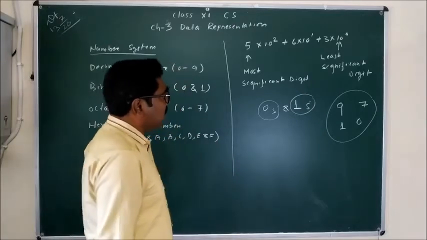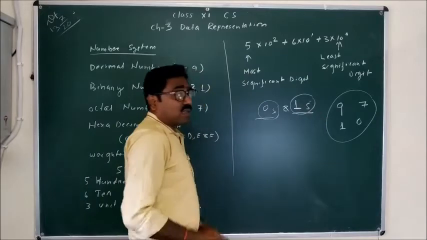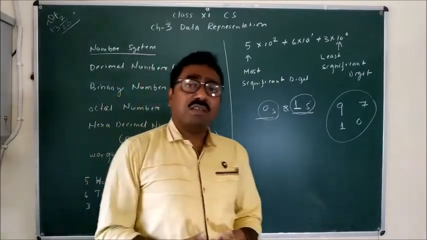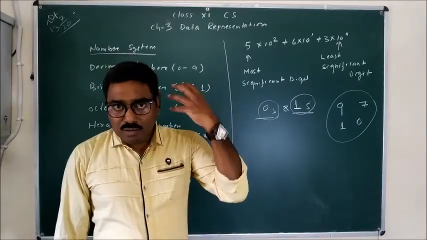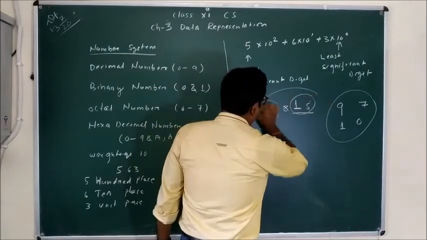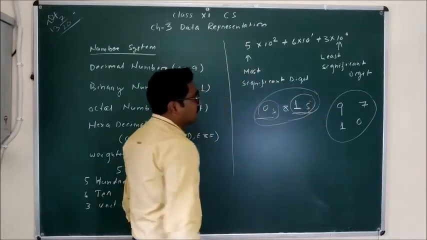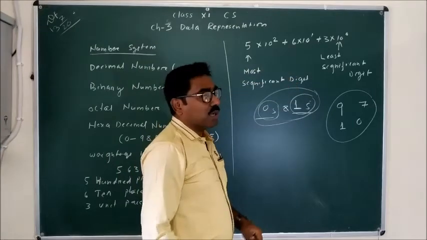These electrical signals are of two types: one is 0, another is 1. Then a collection of these electrical pulses is used to represent zeros and ones, and each and everything in a computer is represented with zeros and ones.